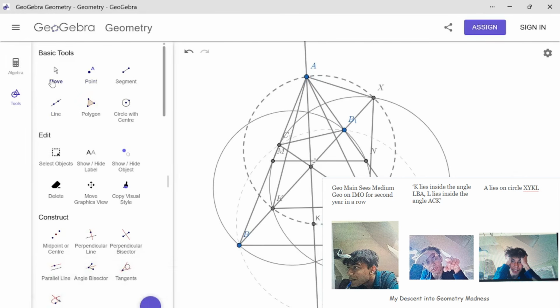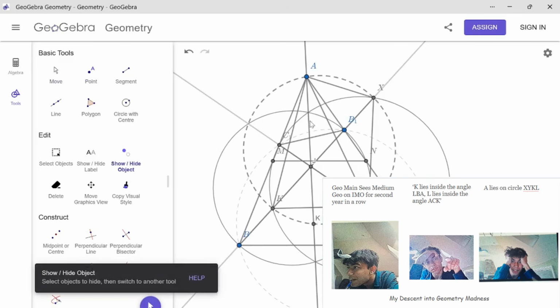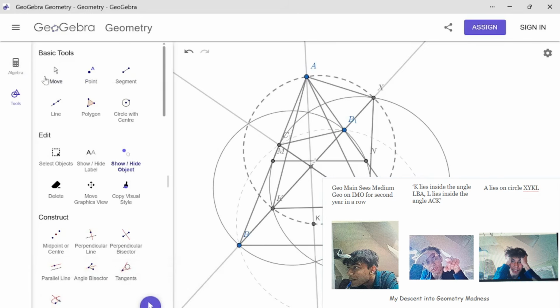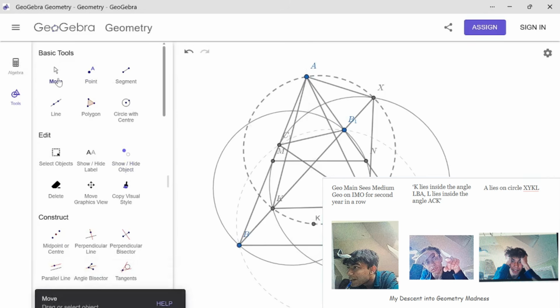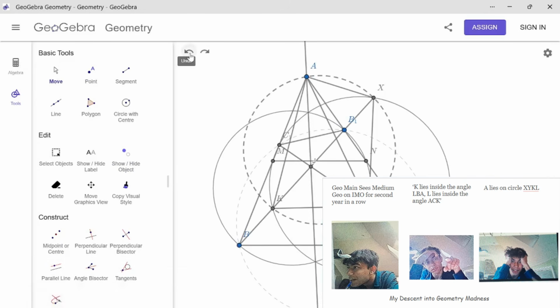Maybe this point. I had a conjecture that the radical axis is perpendicular to KL. Is that true? How can I verify that with legal equipment in the IMO? Just staring really hard at it doesn't count.